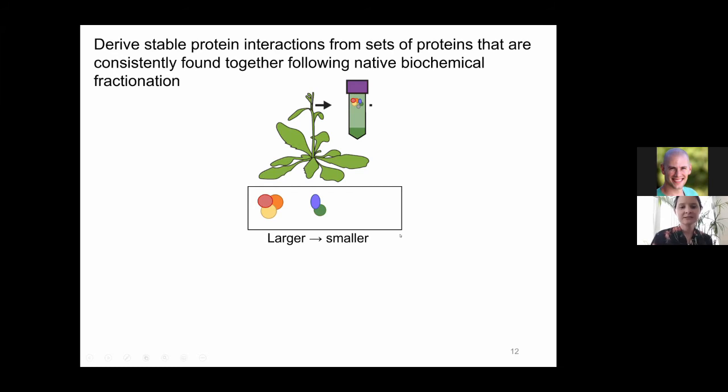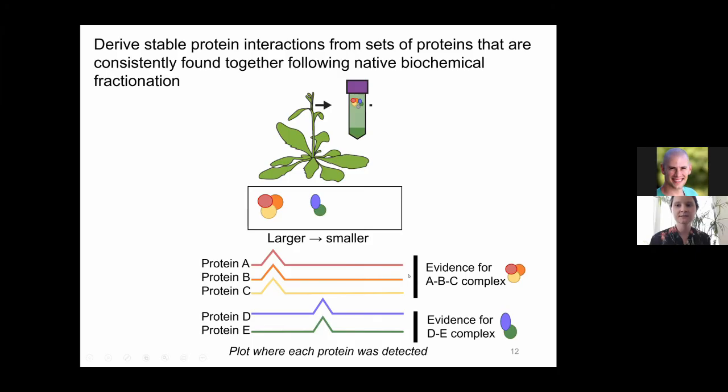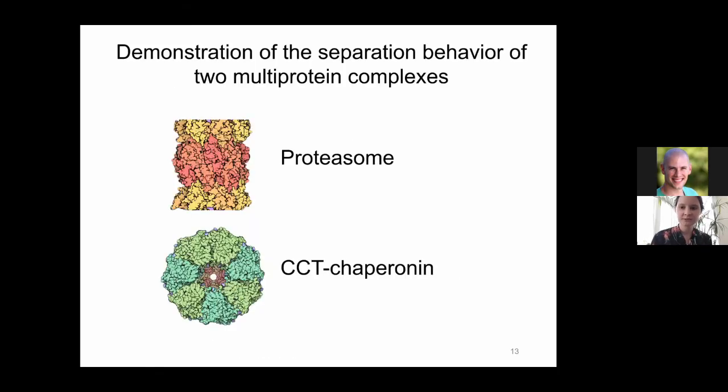And so the information that we can see from the mass spectrometry is its vector of detection of where each protein in that fractionation was detected. And so finding proteins with similar peptide profiles is a point of evidence that there is some existence of a complex ABC.